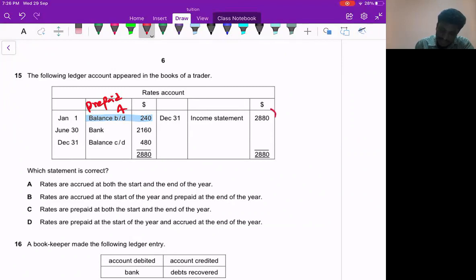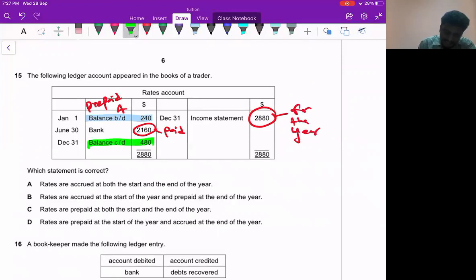Okay. And this is the rent for the year. And this is the rent that you paid, for the year. And your balance c/d is on the credit side, and the balance b/d will go on the debit side.